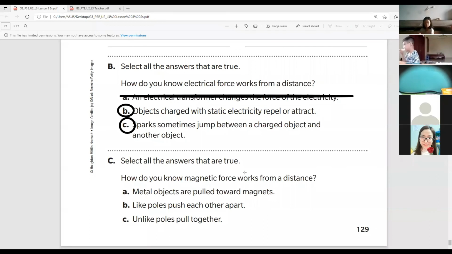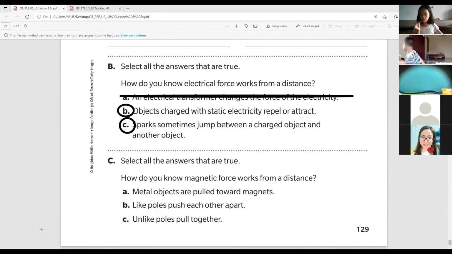I have no idea what they're trying to say there. B, the objects charged with static electricity repel or attract, just like the girl's hair. Her hair is charged with static electricity, so they are repelling. Okay. So this is B and C. So check your answers.